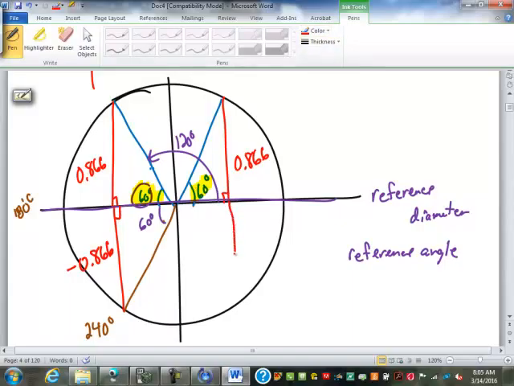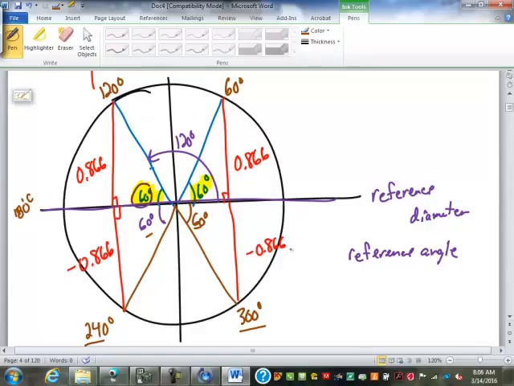Same thing over here. This is going to be a negative 0.866. Its reference angle here is 60 degrees. That's going to be 360 minus 60, or 300 degrees. So 60 degrees, 120 degrees, 240, and 300 degrees all have reference angles of 60 degrees. So they all have sines of either positive 0.866 or negative 0.866.